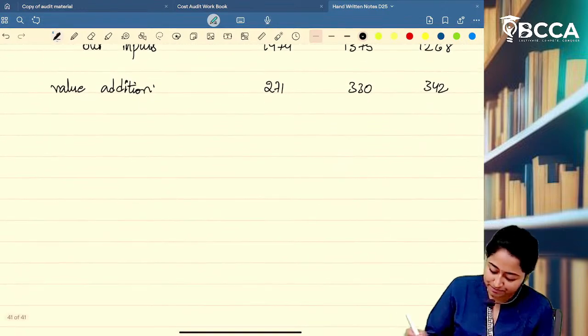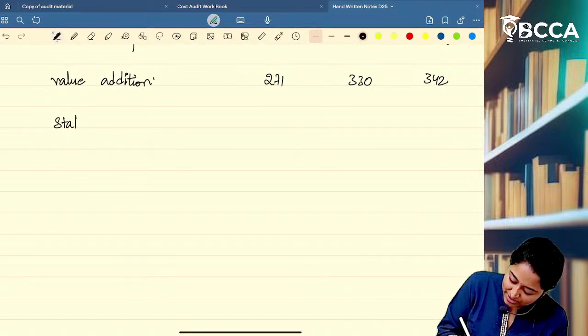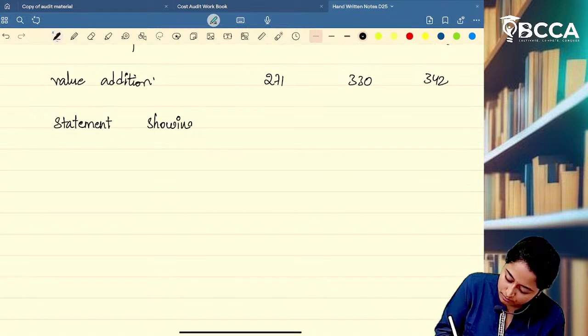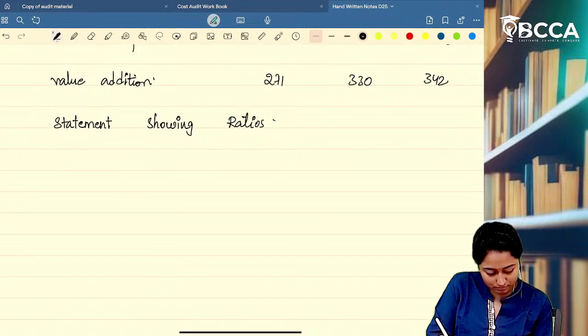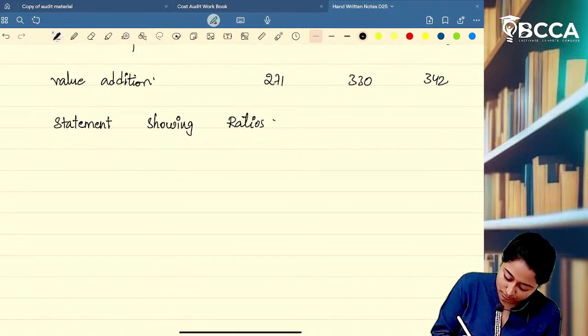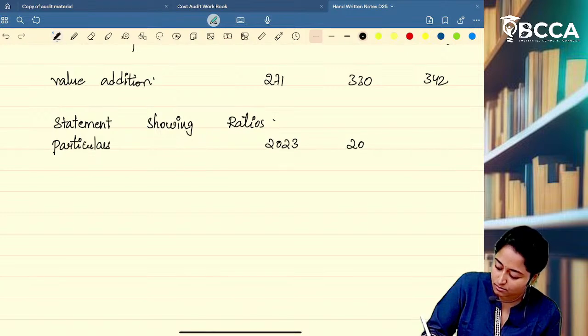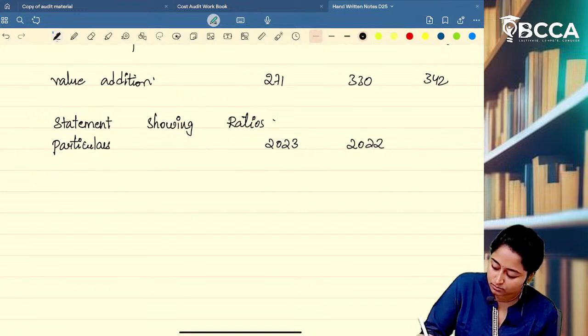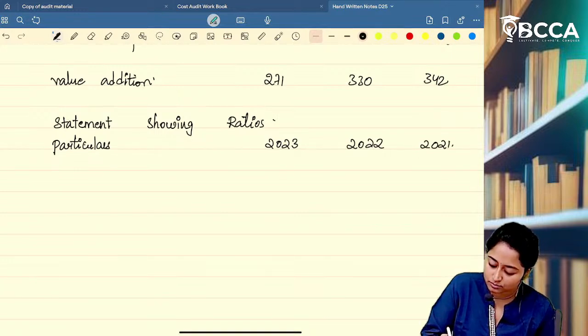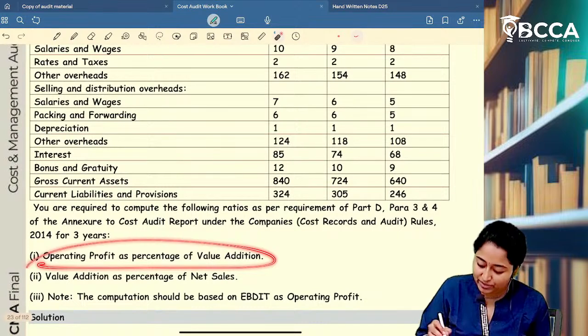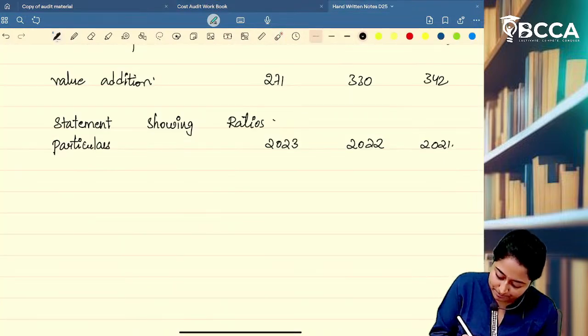Done with value addition. Now, third is statement showing ratios. And 2021. First is operating profit as percentage of value addition.